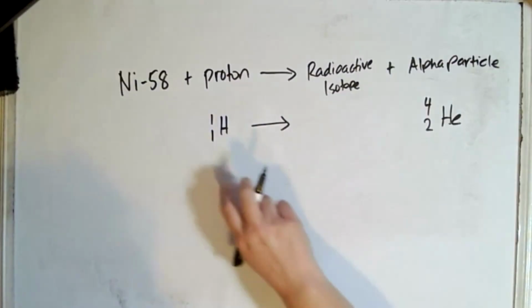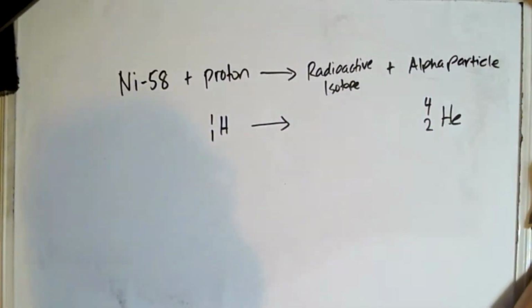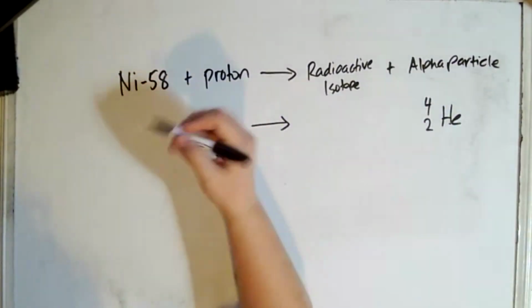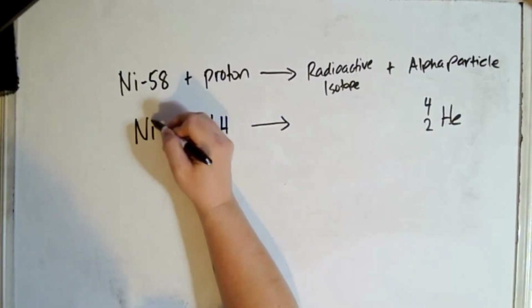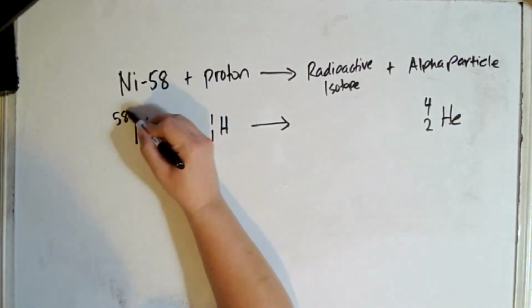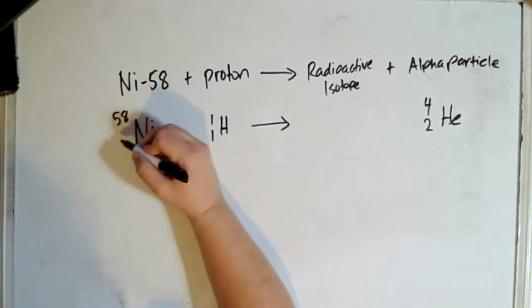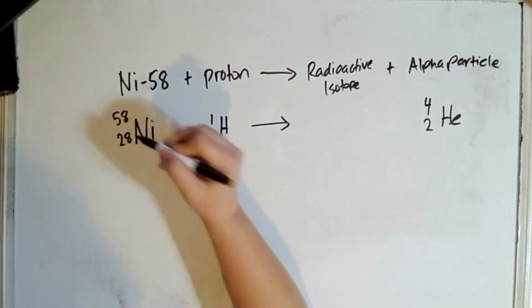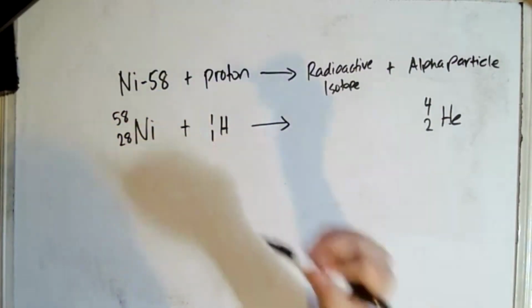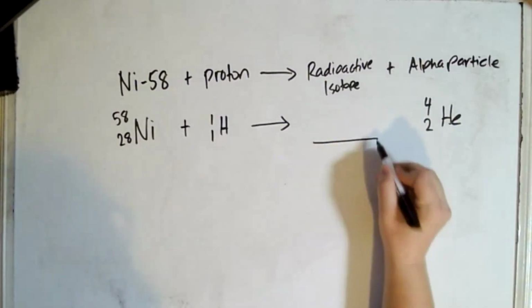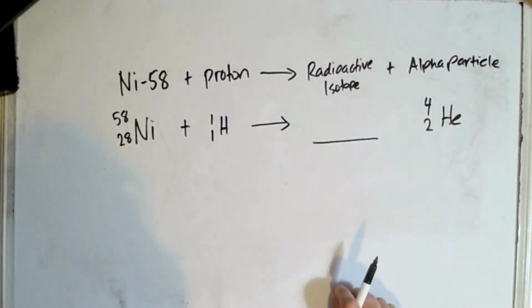We know how to write the symbol for nickel. We just have to find the atomic number, which is 28 for that. So we're going to have Ni with a 58 up here and a 28 in the lower left. And now the only thing that we have to do is find this missing radioactive particle to complete the equation.